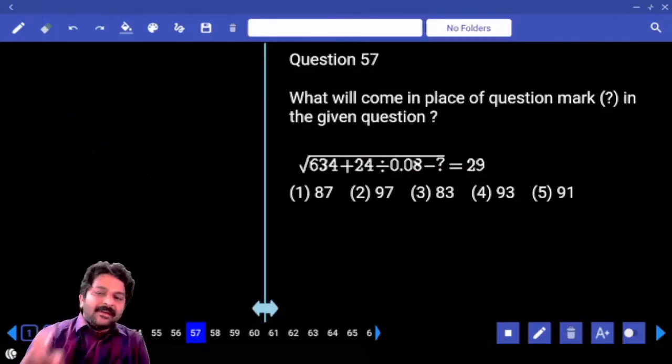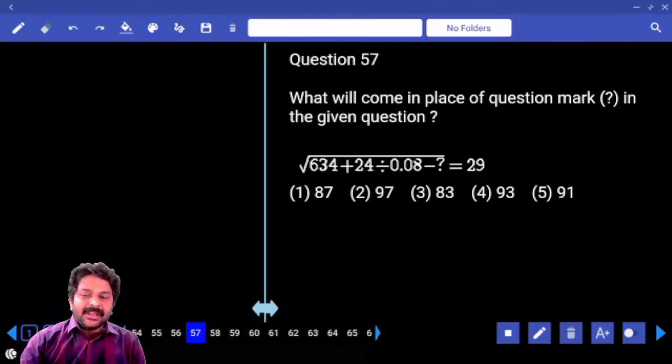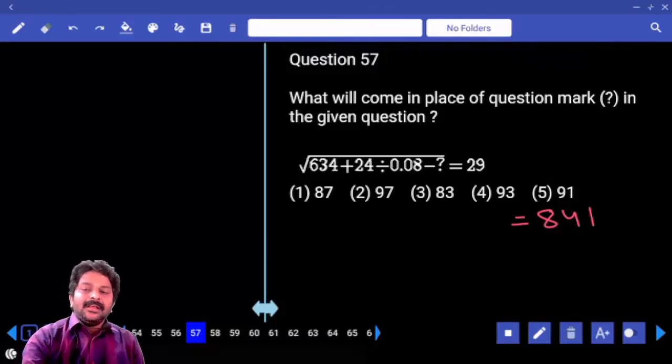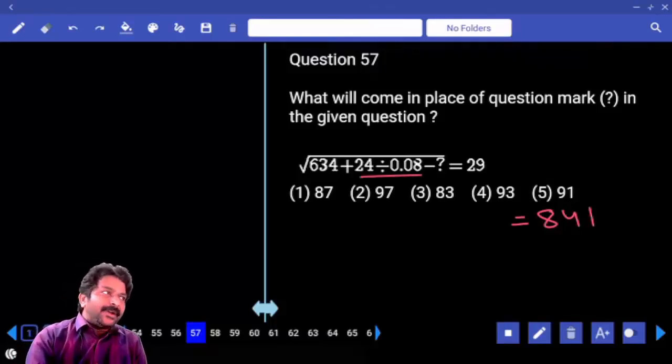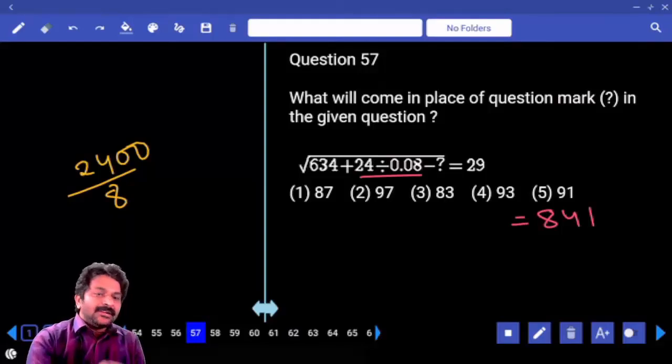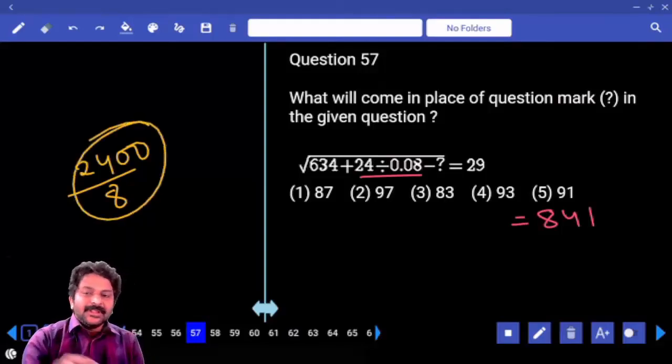So on the left hand side we have the under root value. Right hand side 29. Squaring on both sides, 29 square. 841. 24 divided by 0.08. So can I write 0.08 as 8 by 100? The denominator comes to the numerator. So how much is this value? 300.